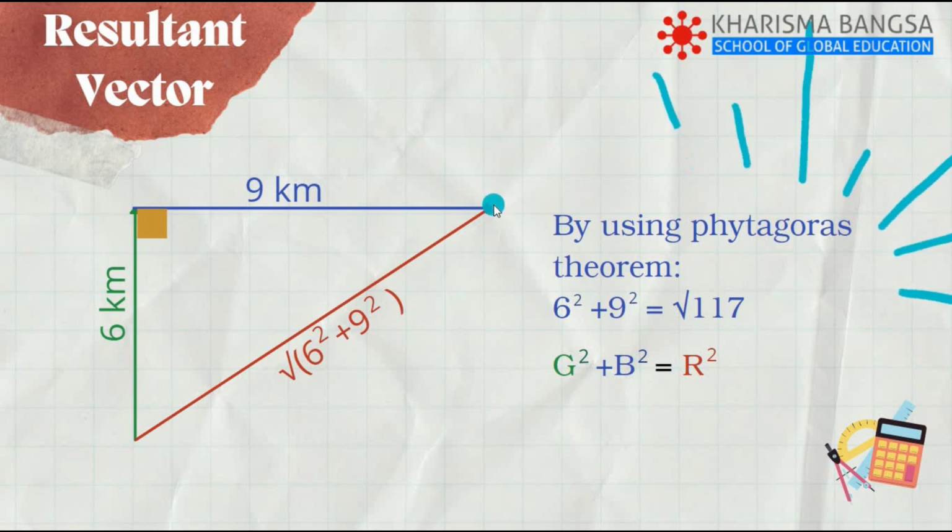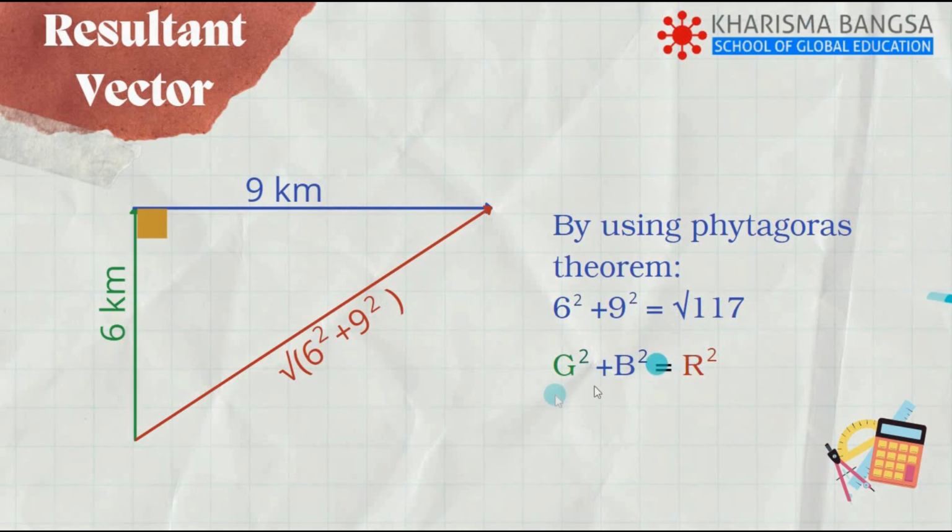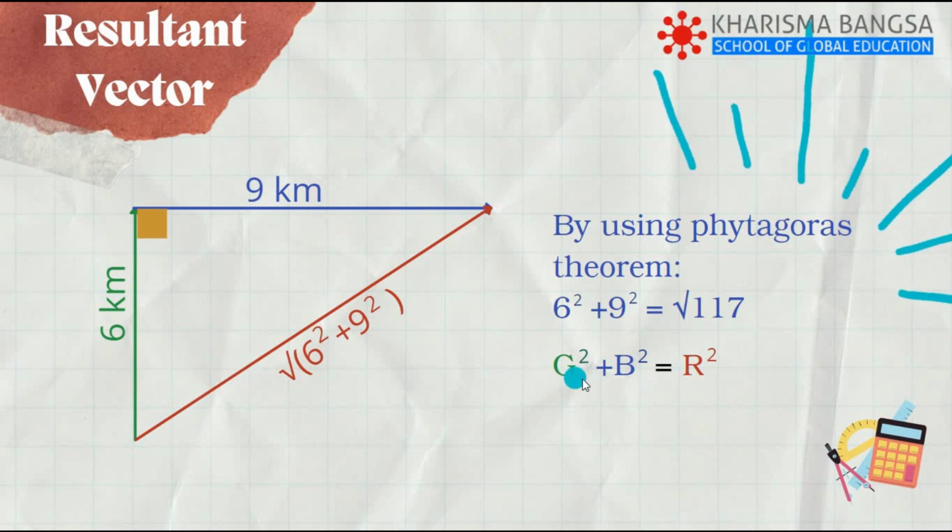So, we just take 6 squared plus 9 squared, and we get square root of 117 as the answer. As simple as that. Or, on the other hand, the basic formula is green line squared plus blue line squared is equal to red line squared.